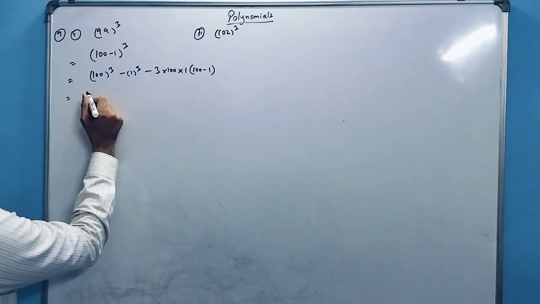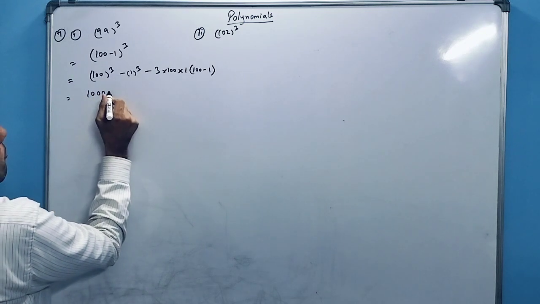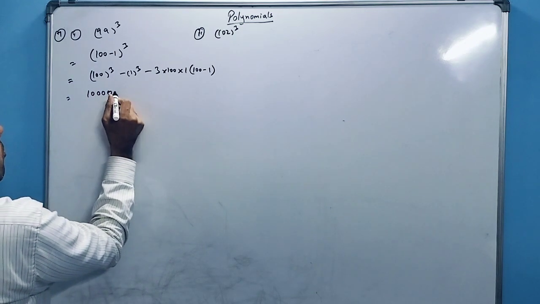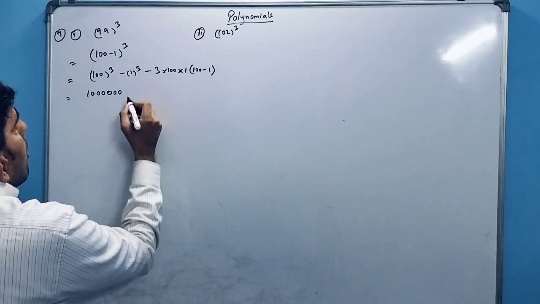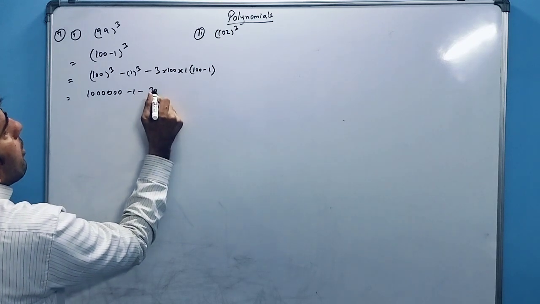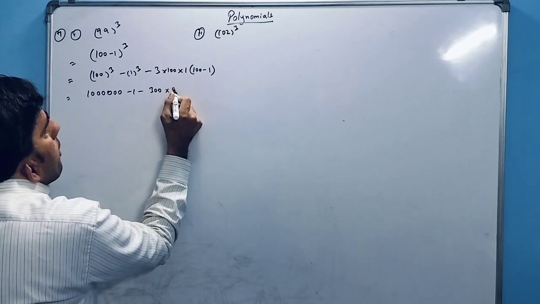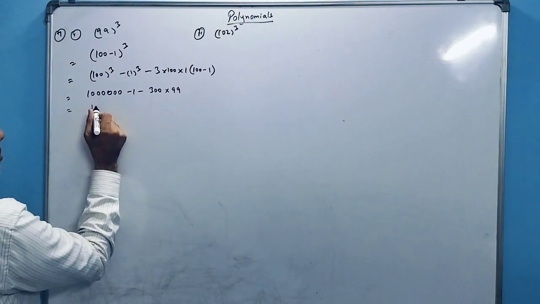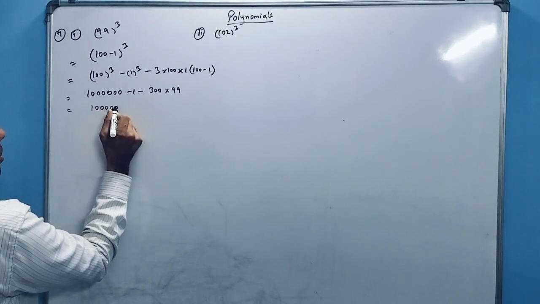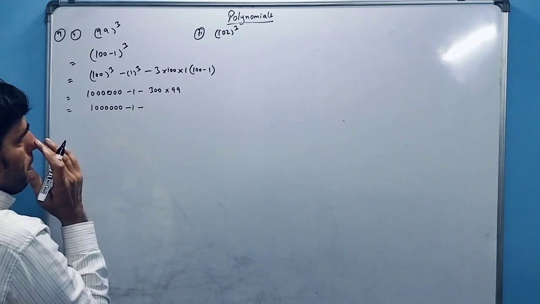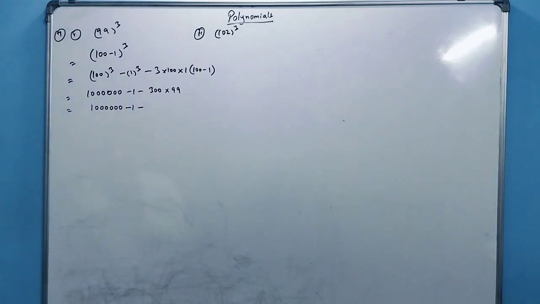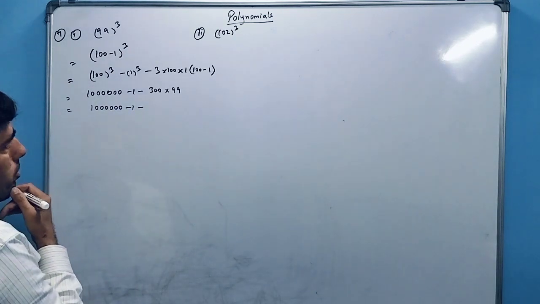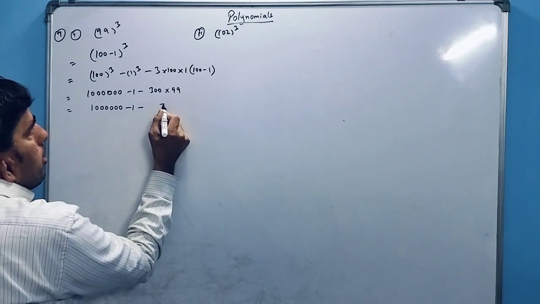So now we'll do that. 1,000,000 minus 1 minus 300 into 99. Okay, so that is how we can now easily calculate the answer. Now we can multiply it.